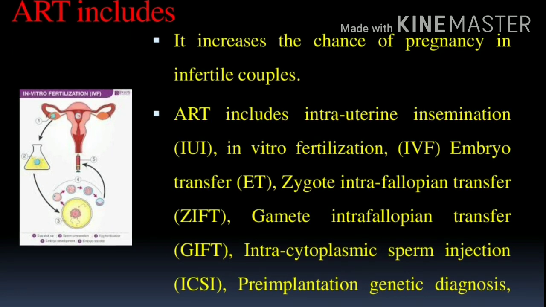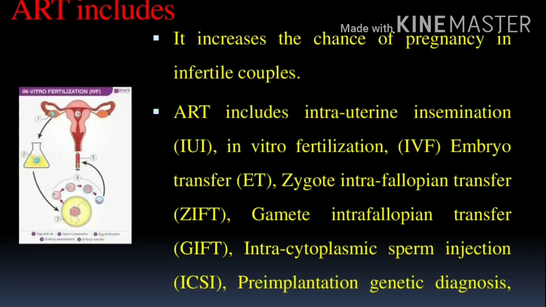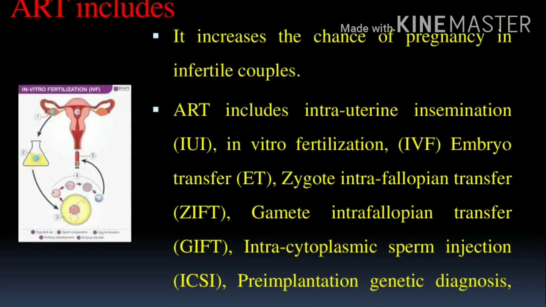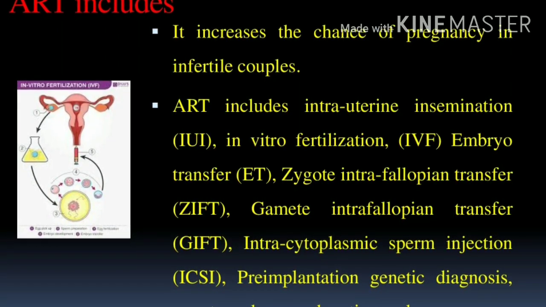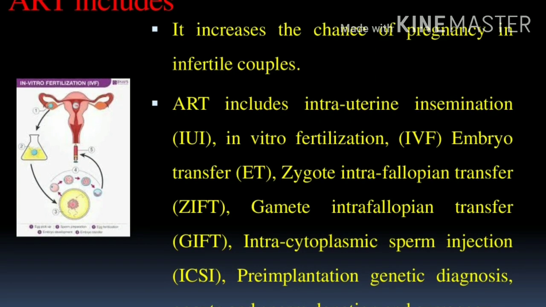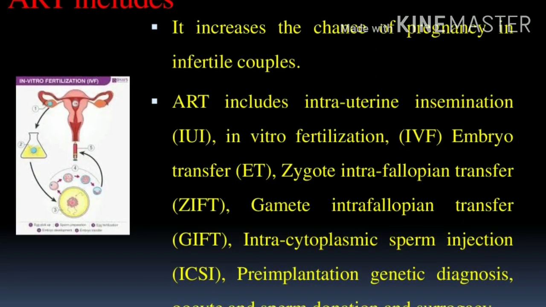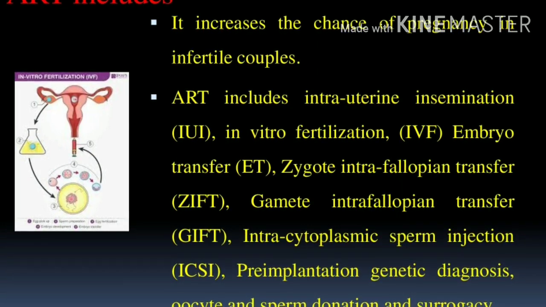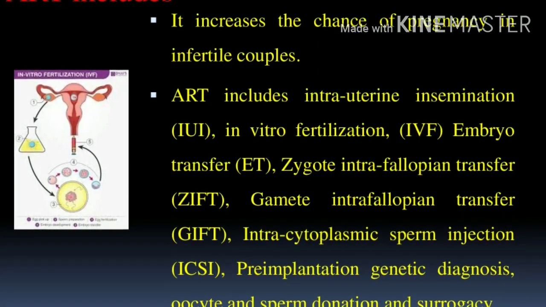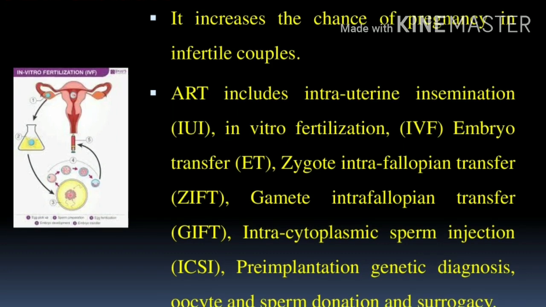One is intrauterine insemination, that is IUI. Next is in vitro fertilization, that is IVF. Next is embryo transfer, ET. Next are ZIFT and GIFT. ZIFT is zygote intrafallopian transfer, and gamete intrafallopian transfer is GIFT.